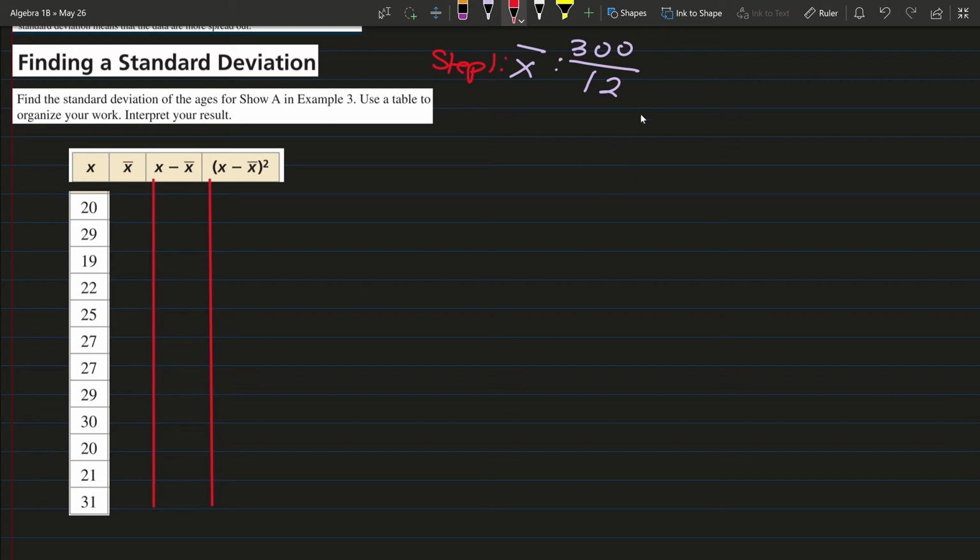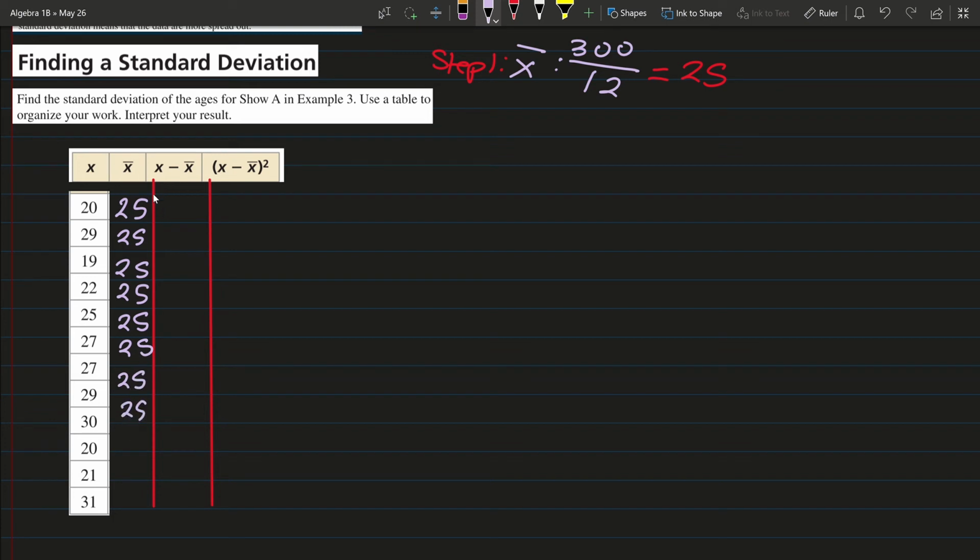So this is our step 1. And 300 divided by 12 is equal to 25. Now we're just going to go ahead and write 25 for all of these: 25, 25, 25, and so forth.